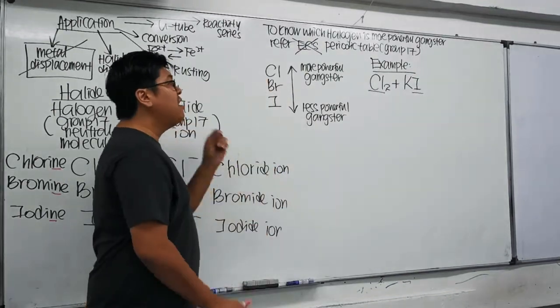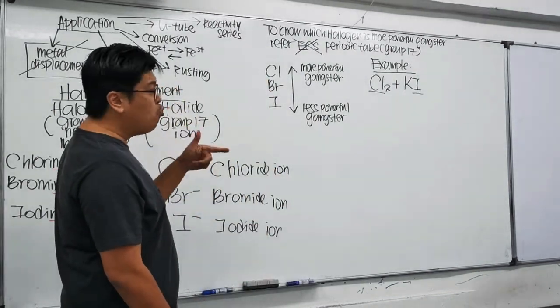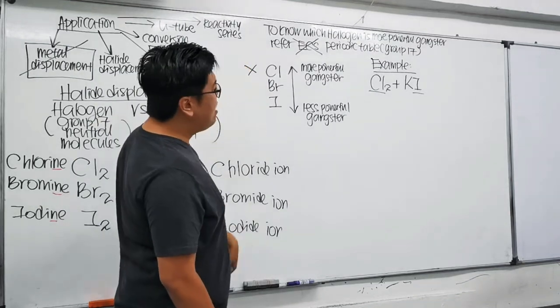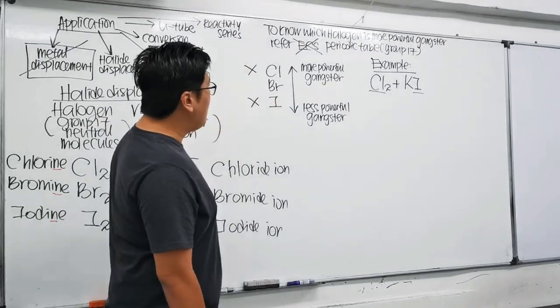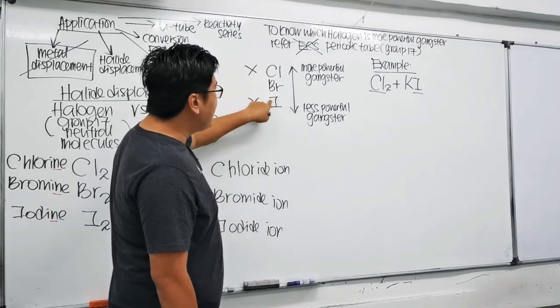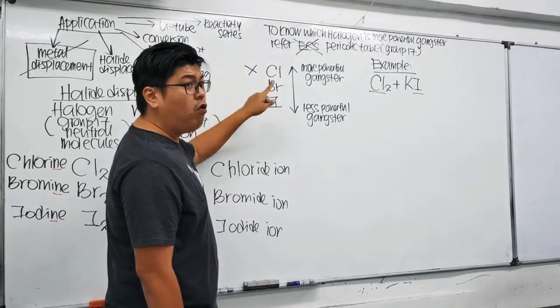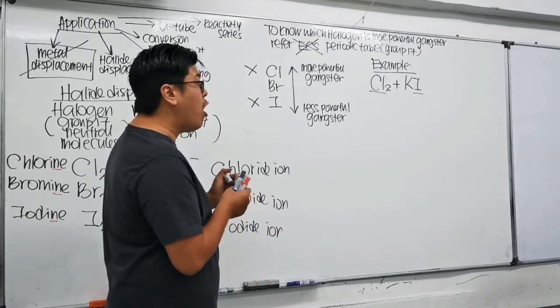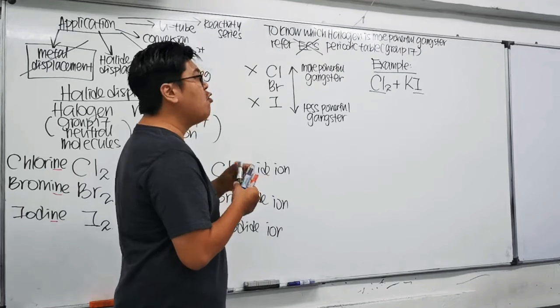Displacement is all about the gangster bully concept. Now look at here. Chlorine is somewhere here, iodide is somewhere here. Cl is higher than I, which means Cl is a more powerful gangster. So when Cl is more powerful, Cl can bully and rob something from the other person, which is the I.